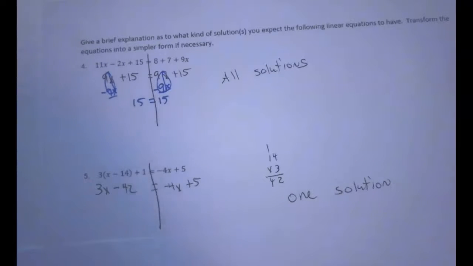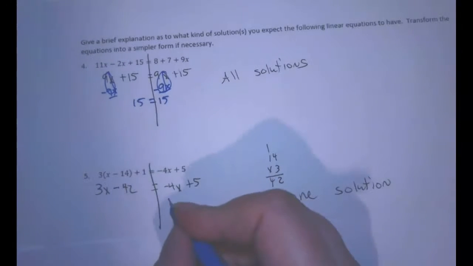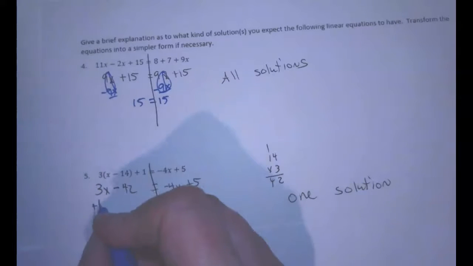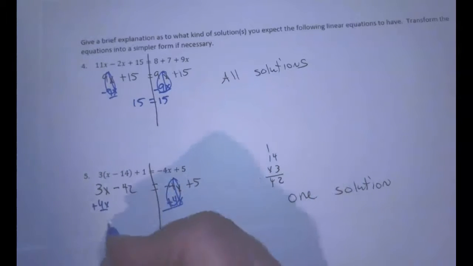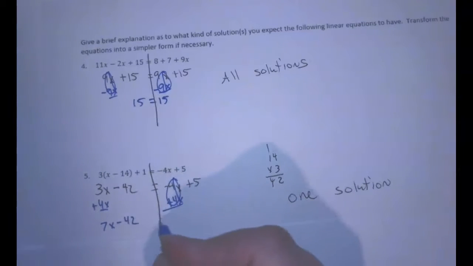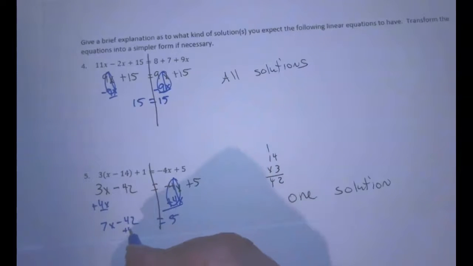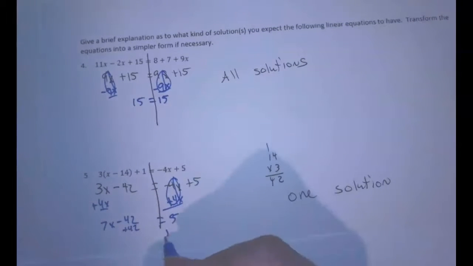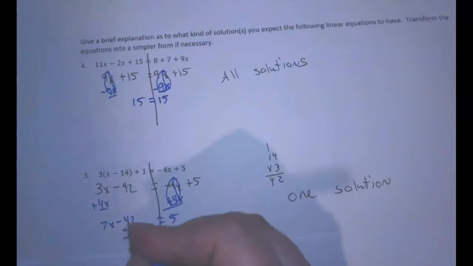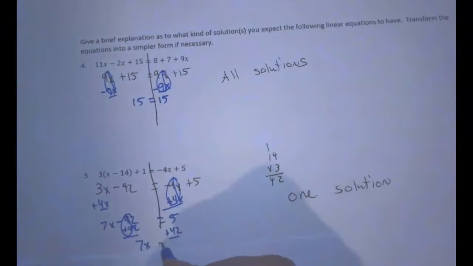And you can see that I've started simplifying on this next line. If I wanted to go through with it, I could add 4x to each side. 7x minus 42 is 5. Add 42 to each side. And 7x is 47. Divide each side by 7.